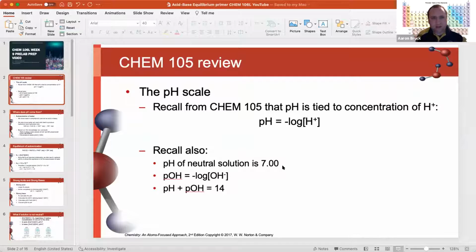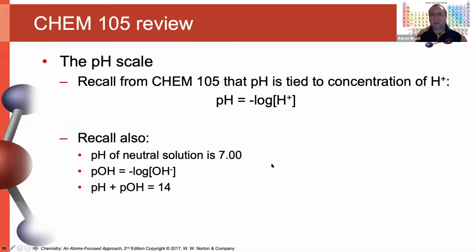The broad concept that we are talking about here is the pH scale. Go back to Gen Chem 1, Chem 105, and you'll recall that pH is tied to the concentration of the H+ ion, in that the pH of a solution is equal to the negative log of the concentration of the H+ ion in that solution.